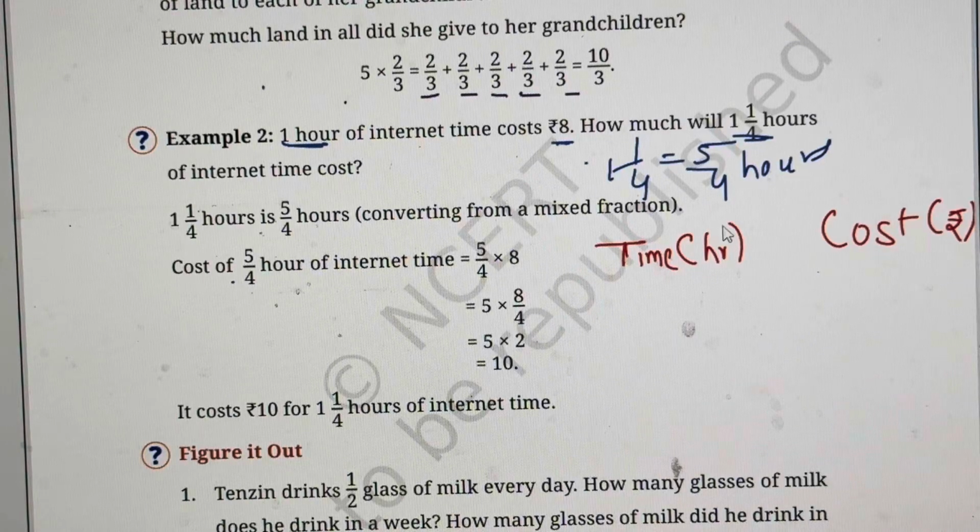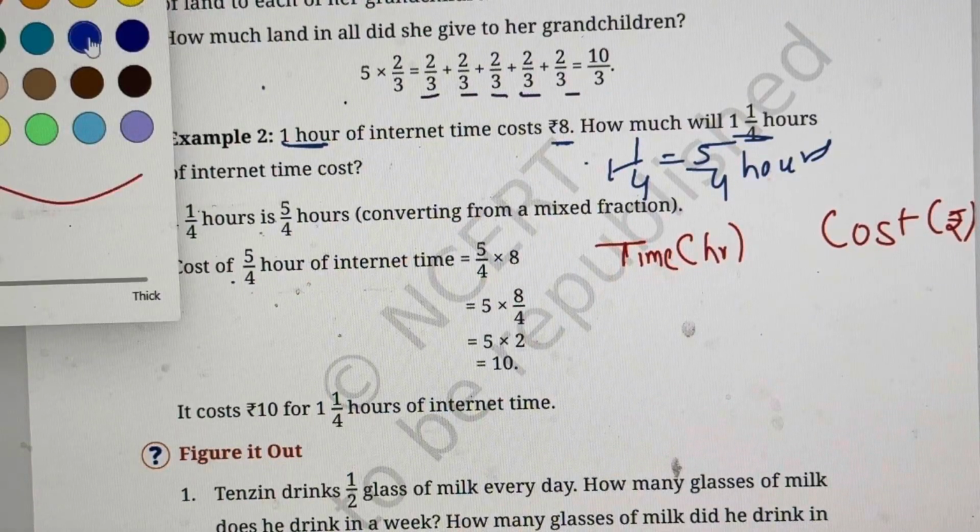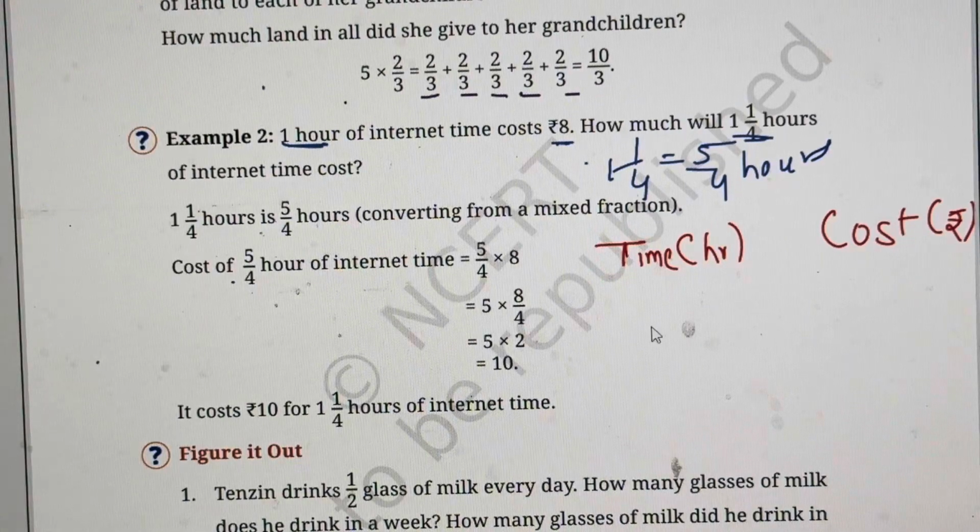This way you can write two headings, two keywords. Now what is first given is 1 hour costs 8 rupees. Therefore, 1 1/4 hour costs how much? That's our question. Now 1 1/4 means 5 upon 4. So 5 upon 4 costs how much? You can put a question mark.